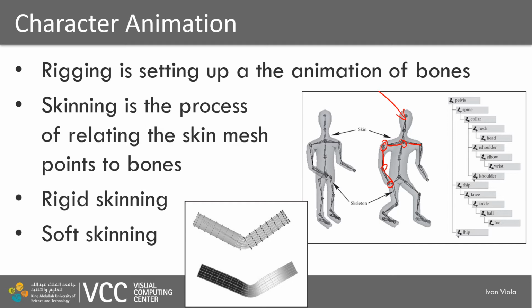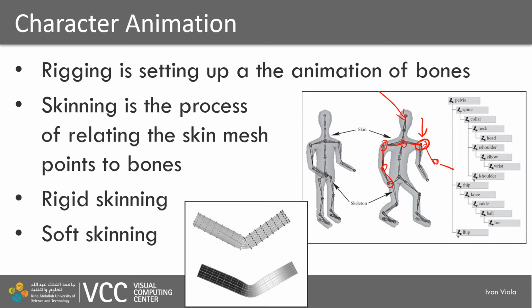Meaning that if I would act and perform a rotation of a shoulder joint, for example, of this character, the entire hand will be rotated. You might remember this from the scene graph description, where we also had this hierarchical organization. And a similar, if not the same, hierarchical organization, we will be dealing with in the character animation.